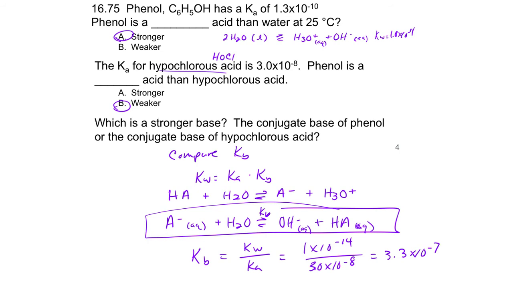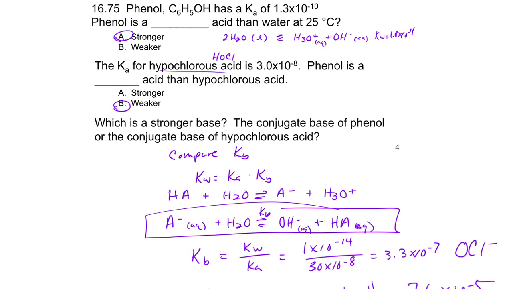So this is for OCl minus, the conjugate base of hypochlorous acid. For the conjugate base of phenol, we end up with a Kb of 7.6 times 10 to the minus 5.